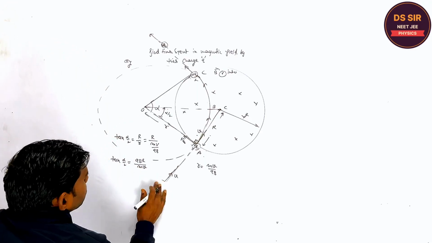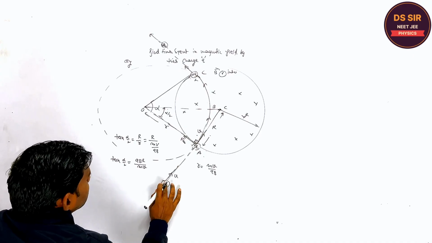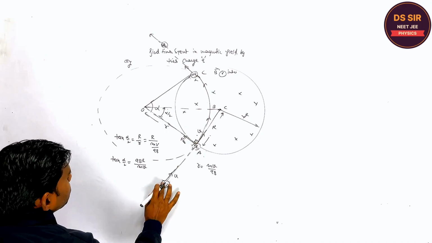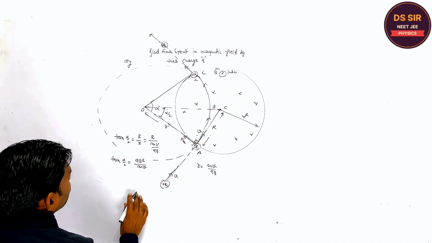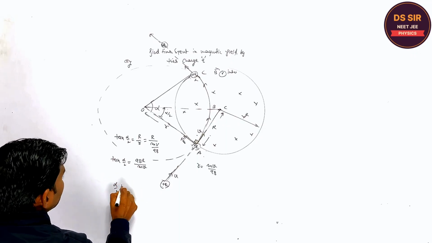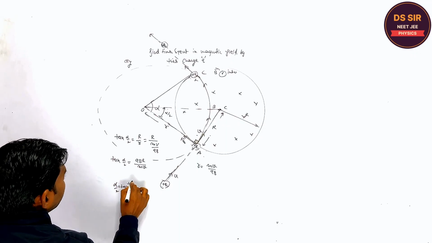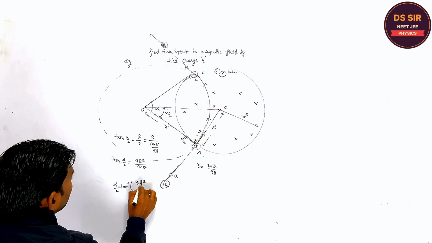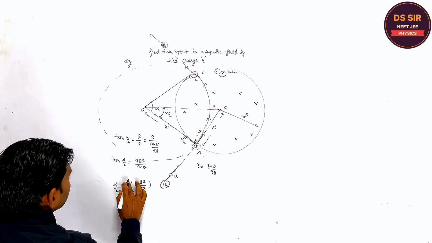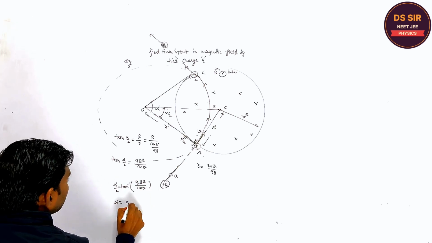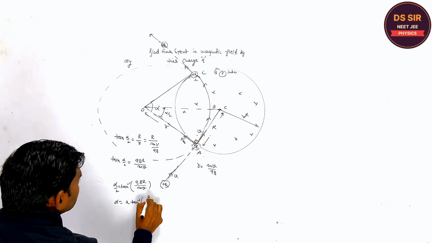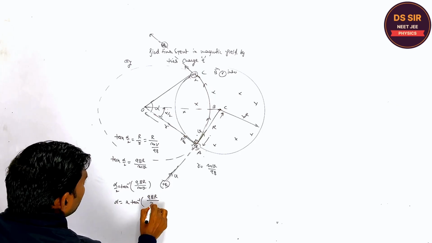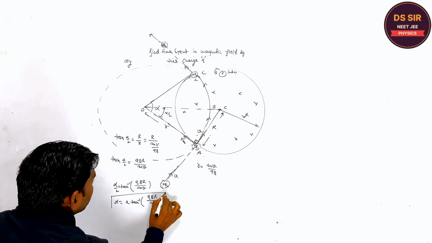So now, this is plus q. Alpha by 2 is equal to tan inverse of qBR upon mv. So alpha is 2 into tan inverse of qBR upon mv. Are you getting or not?